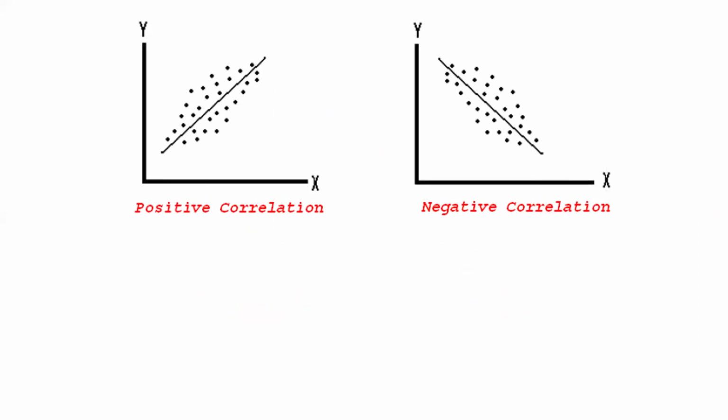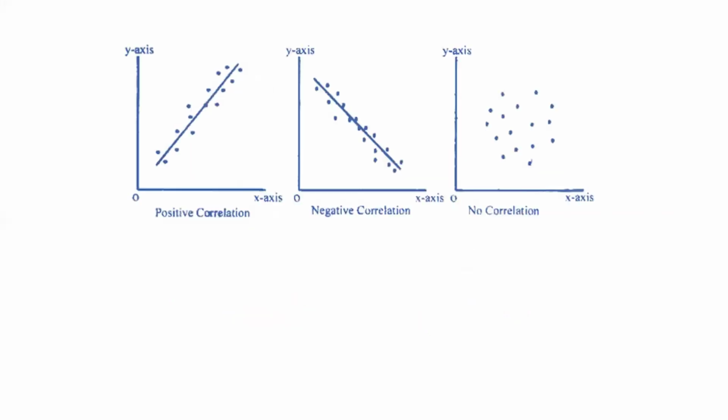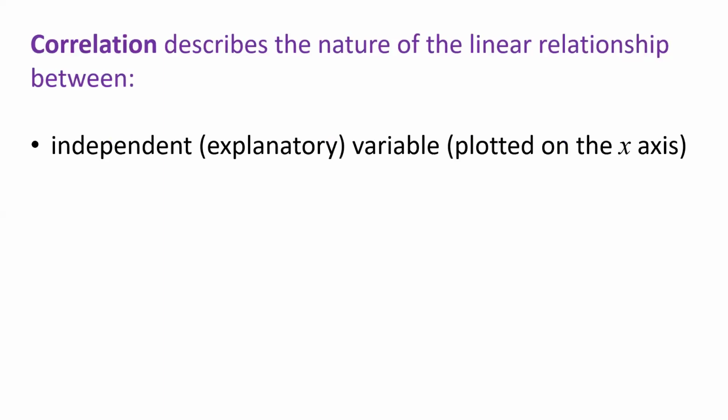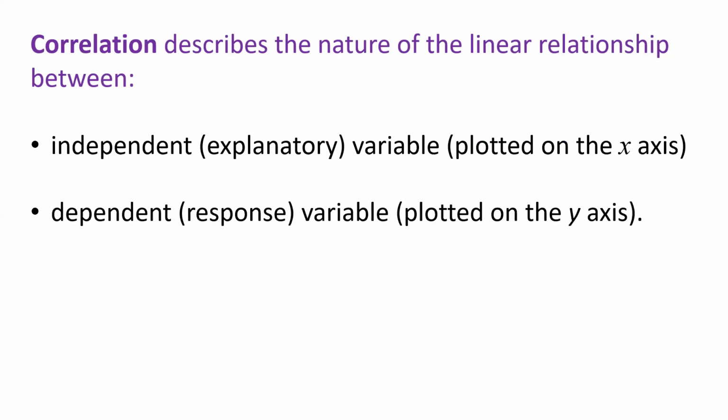Positive correlation, negative correlation, these are the types. Then correlation describes the nature of the linear relation between the independent variable, which they call the explanatory variable in our course, and the dependent variable, which they call the response variable. Whatever comes on the x-axis is the independent variable. The independent variable is the variable which we are changing.